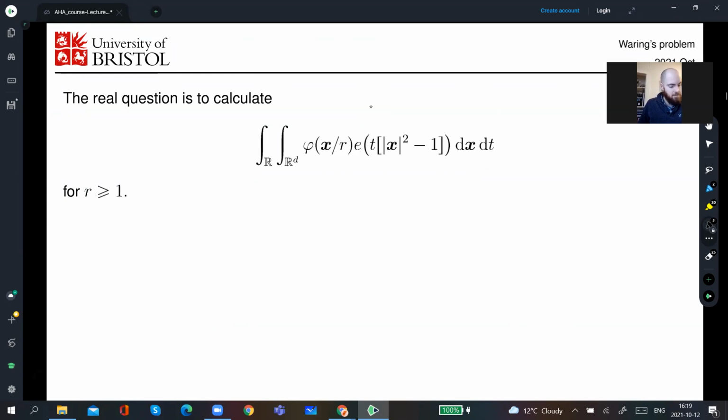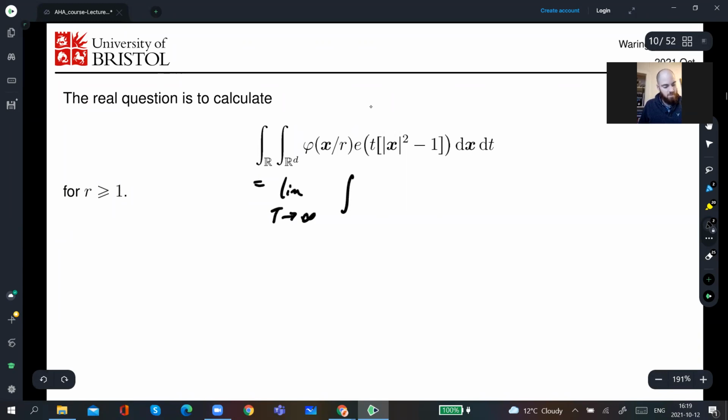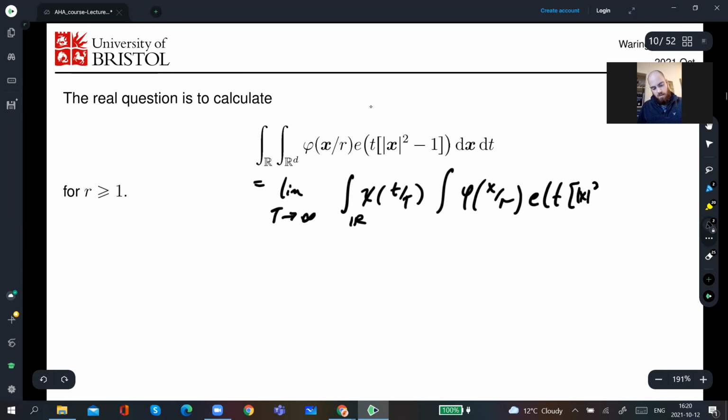I mean, this is equivalent to the limit as, say, t tends to infinity of the integral of chi of t over t, r, the integral of phi of x over r, e of t times x squared minus 1, dx dt, again in this order.